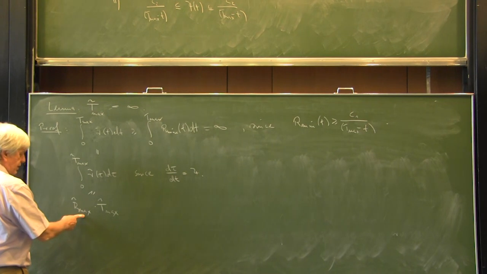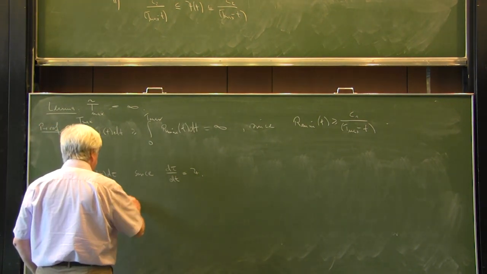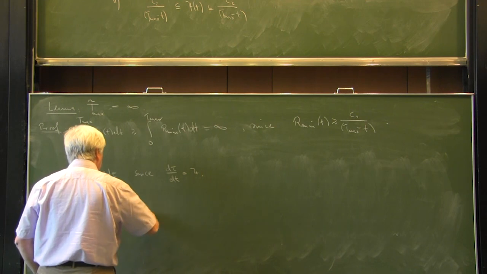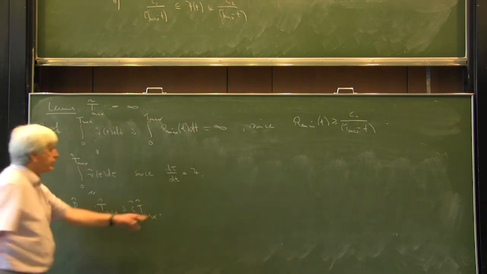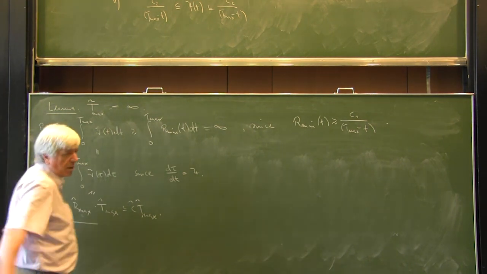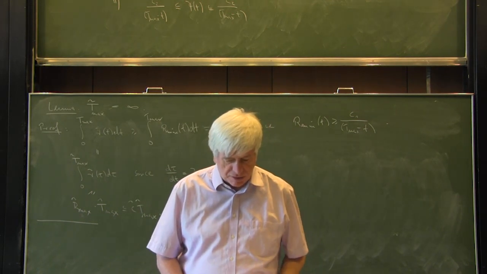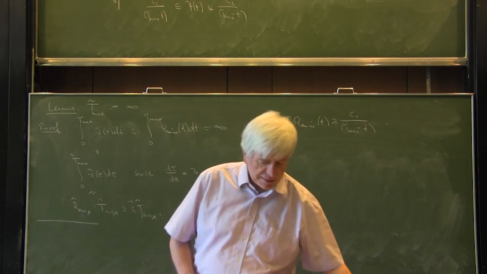And this is a bounded number. And therefore T tilde max must be infinite. Okay, so we have an infinite time interval on which our evolution exists.